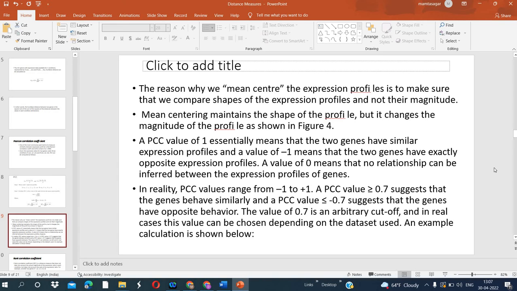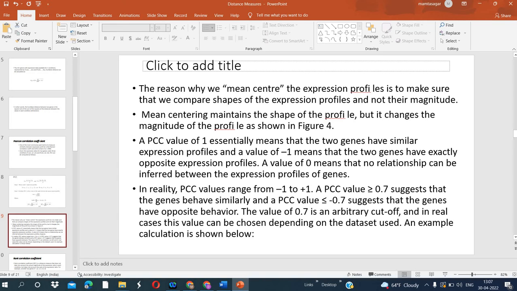So we are comparing the shapes, meaning how the expression profiles look. Mean centering maintains the shape of the profiles, but it changes the magnitude, because we are calculating the mean value.